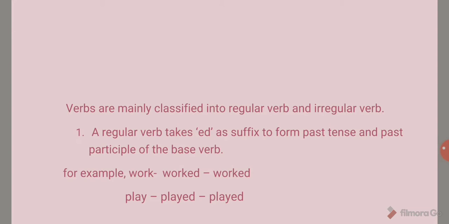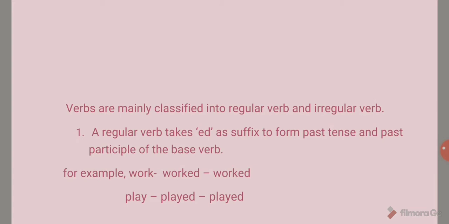For example, work is the base form and it changes in past tense to worked with the suffix ed, and the past participle remains worked with the suffix ed.